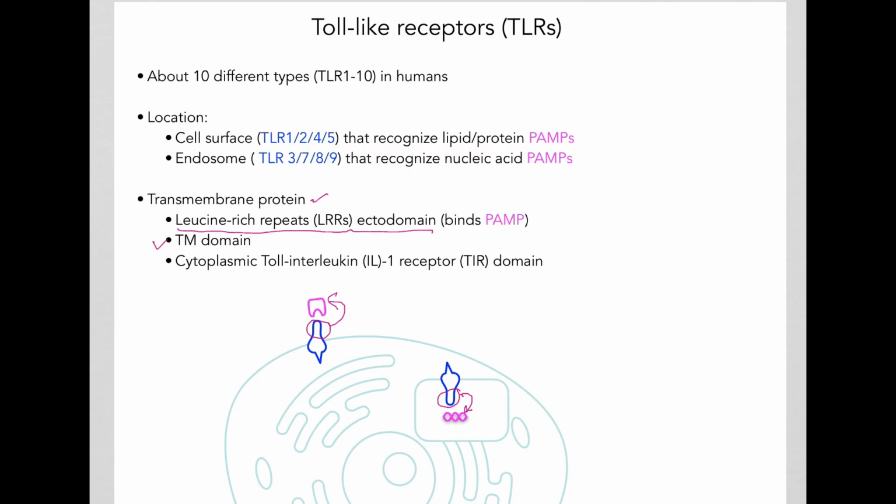Then there is the transmembrane domain, which is embedded in the membrane, in this case the plasma membrane, and in this case the endosomal membrane. And then there is the cytoplasmic toll interleukin-1 receptor domain or TIR domain, so that would be this part here, or this part here for the endosomal receptor.